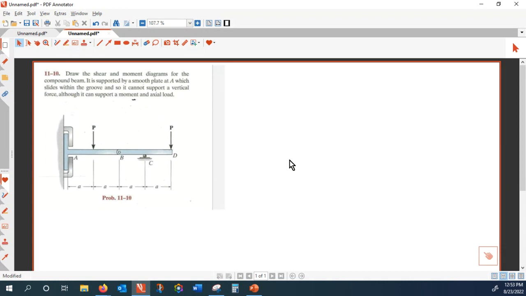Okay, so first thing first, before I can plot the V of X, I need to solve the reactions. So I can do this in a number of ways, but an easy way is I'm going to release BD. So let's release BD.